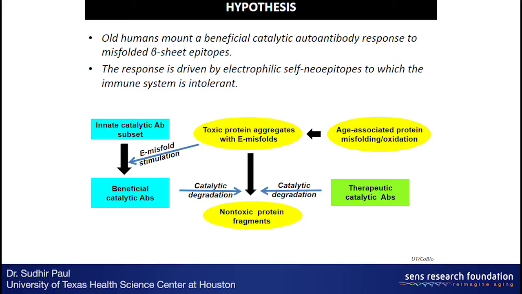We think that the natural ability to produce beneficial catalytic antibodies can be supplemented if we can find monoclonal antibodies with a sufficiently rapid catalytic turnover and specificity for degradation of the amyloid beta peptide.